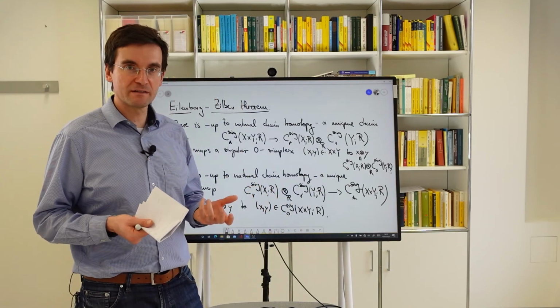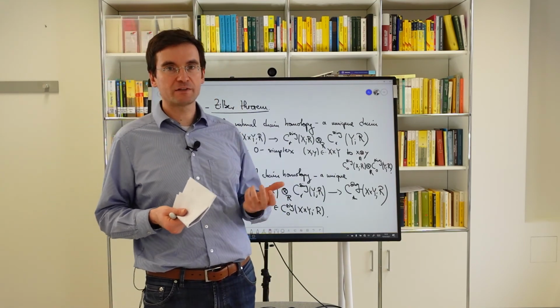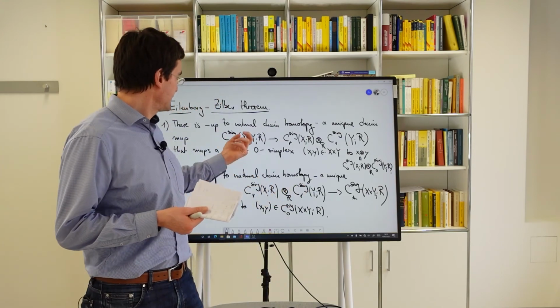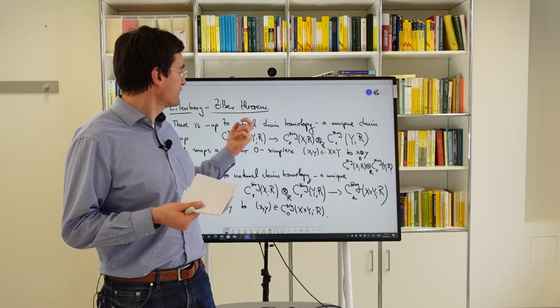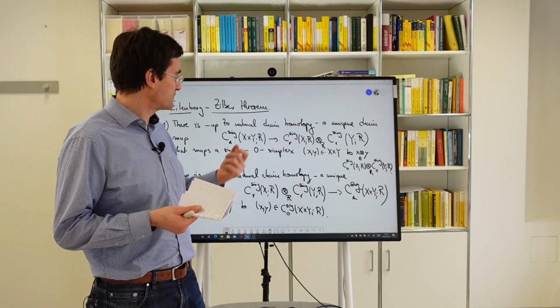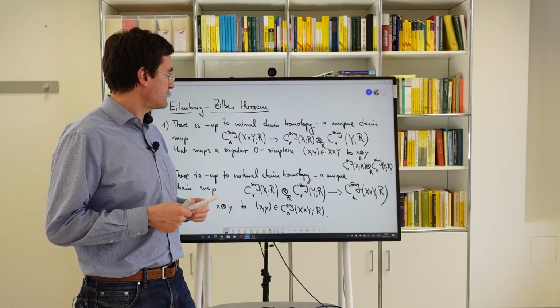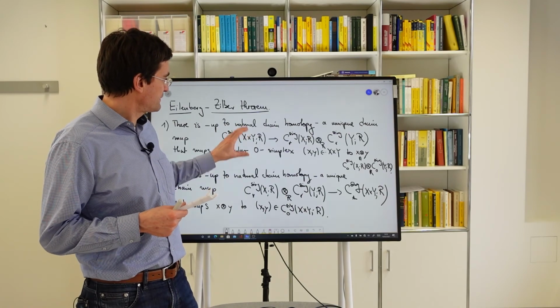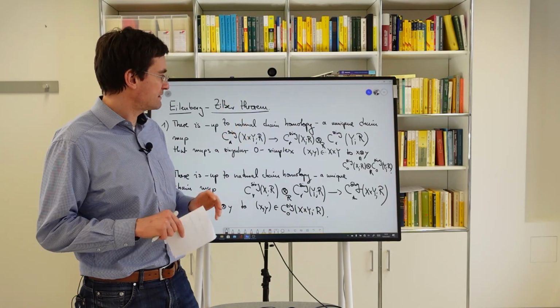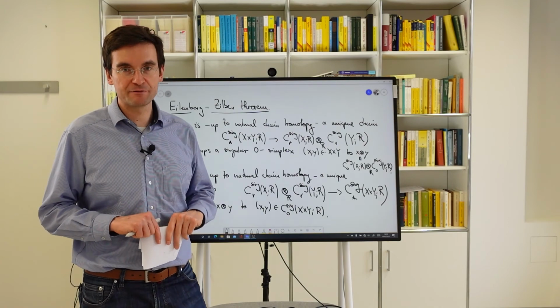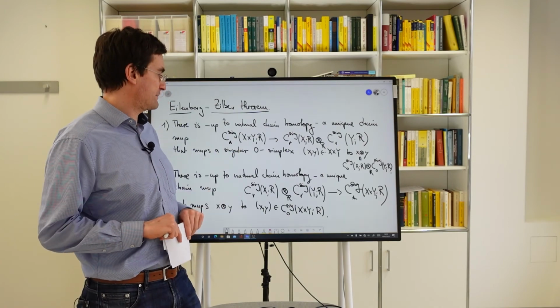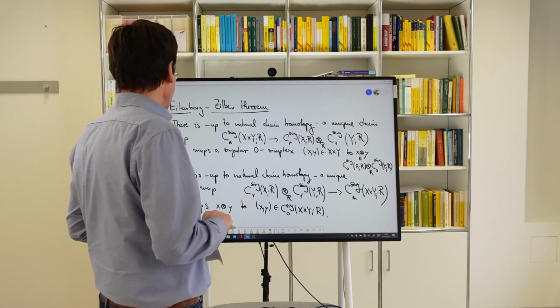So knowing the CW structure on a product of CW complexes really gives you a kind of trivial Eilenberg-Zilber theorem. You even have an isomorphism. But for singular chain complexes, you need this theorem, which only gives you, by abstract machinery, these natural chain maps.